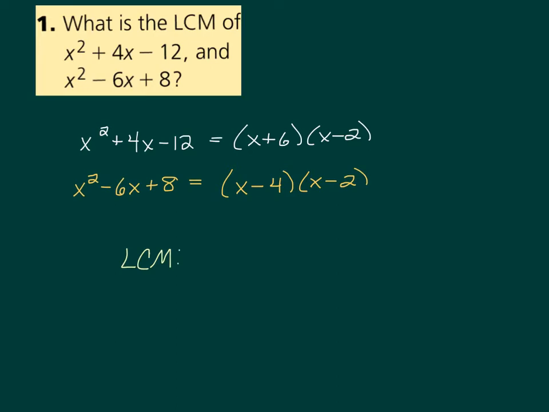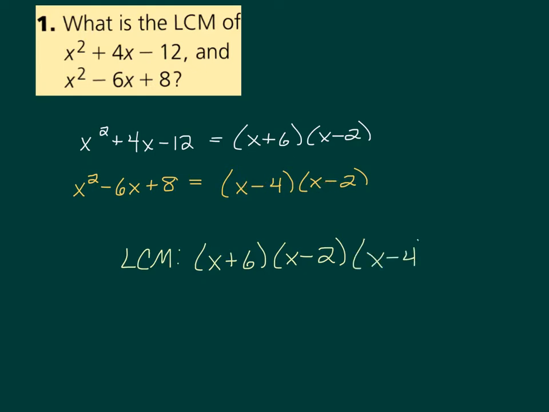Look at the factored forms one at a time. Here in white, we have an x plus 6, we have an x minus 2. So we know that our least common multiple will have an x plus 6, and it will have an x minus 2. It'll have everything that's there. Look at the factored form here in gold. An x minus 4 and an x minus 2. Our least common multiple will have all of this.